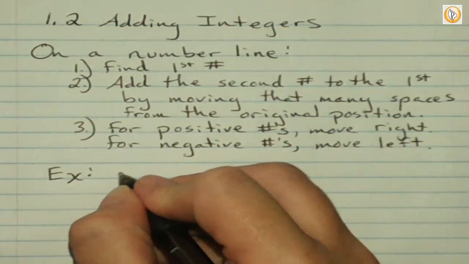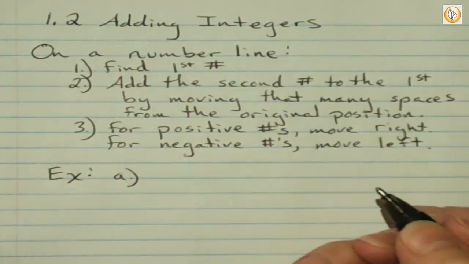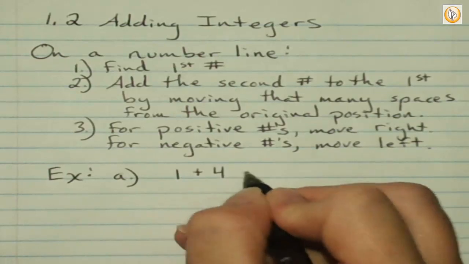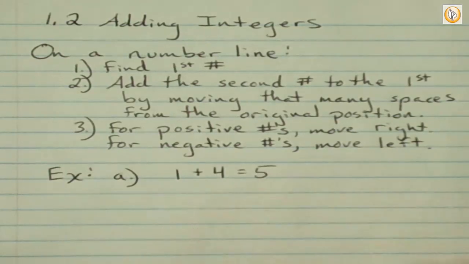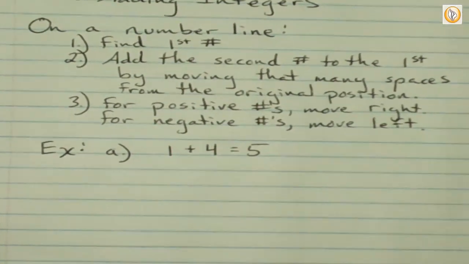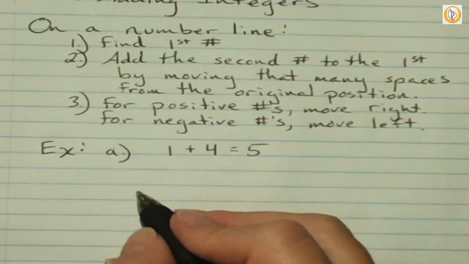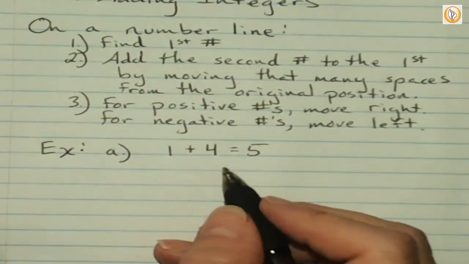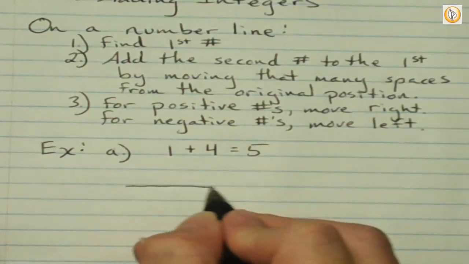Okay, first example. 1 plus 4 equals 5. How do we know that? Well, because we went to first, second, and third, and fourth, fifth grade. But if we were to look at this as basic integers, let me show you.